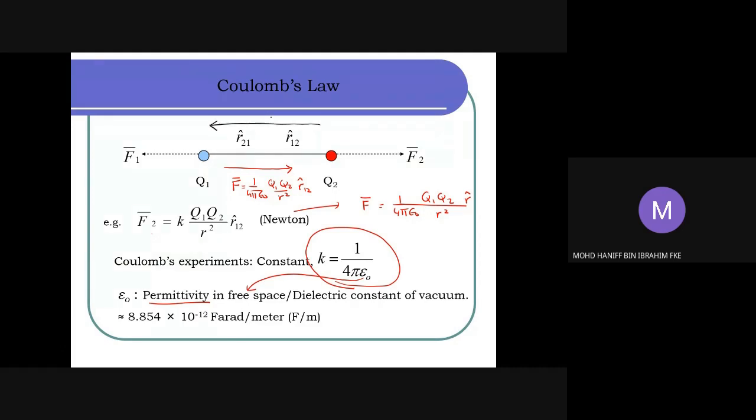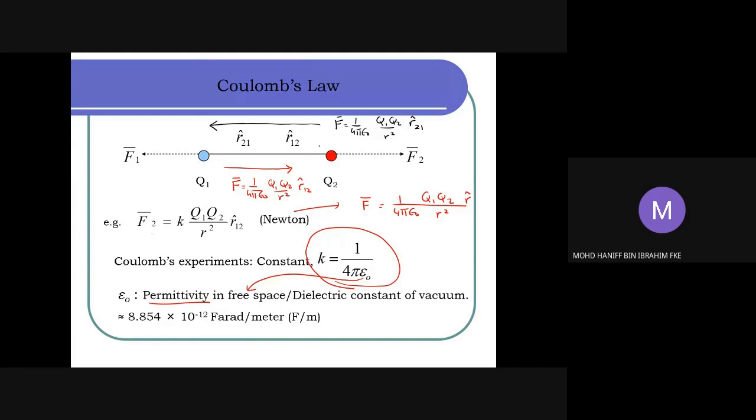Look at the arrows here. So the force will be equal to 1 over 4 pi epsilon naught Q1 Q2 over R squared, and the R will have a subscript from 2 to 1, which means the unit vector is directed from Q2 charge to Q1 charge.